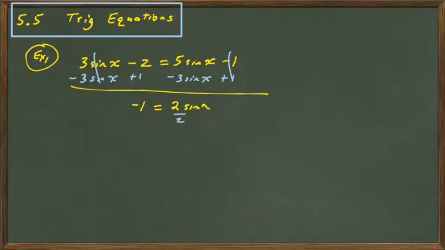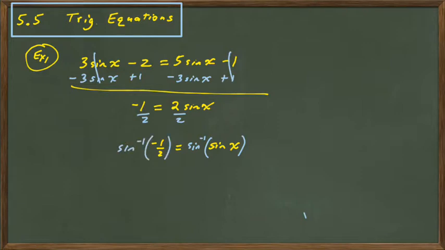Opposite of multiplying by 2 would be to divide by 2, making -1/2 equals sine of x. I teach all math through inverse operations. To get rid of a sine, you take the arc sine. If you take it of one side, you have to take it of both sides.